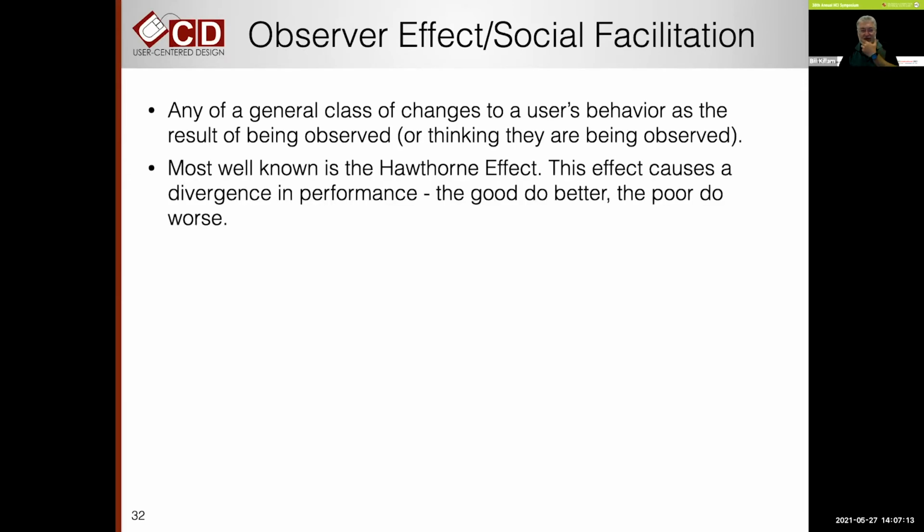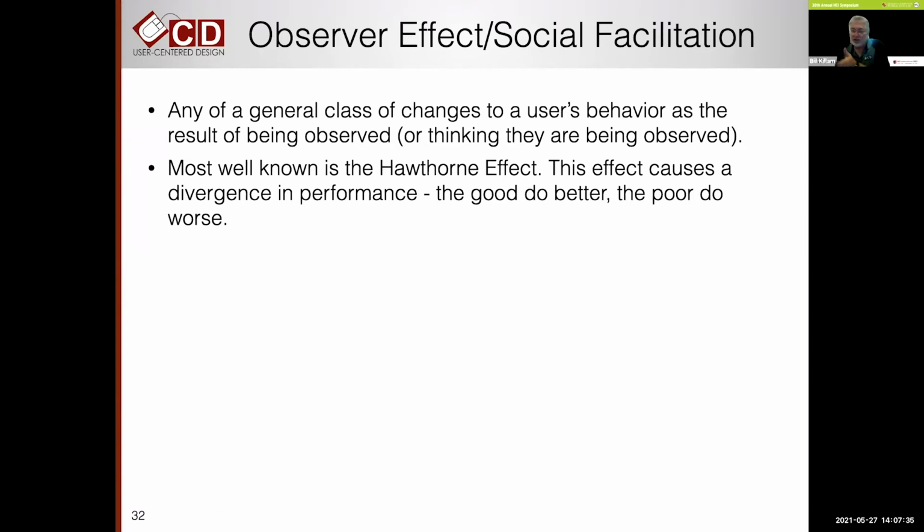The thing about this observer effect, though, is a little dangerous in that it can not only show improvement in behavior, that level of social facilitation, but it can also unnerve some people. And so what we see is behavior split. Those who are proficient at a task will become better at it because they're showing off, not consciously, but just that's the nature of being around other people.